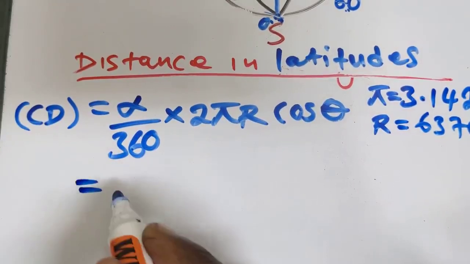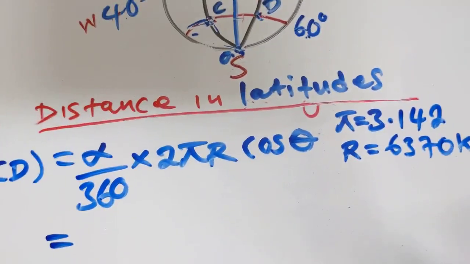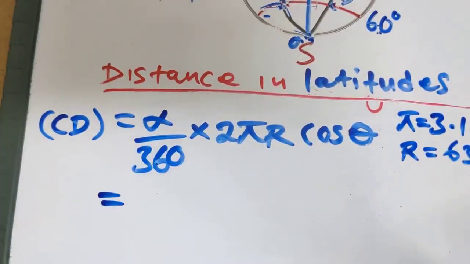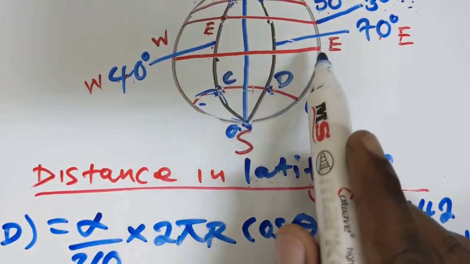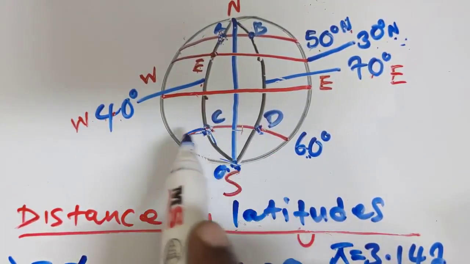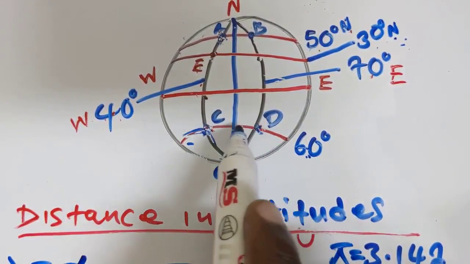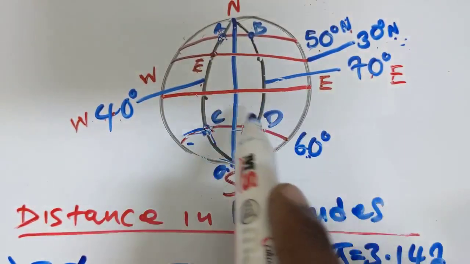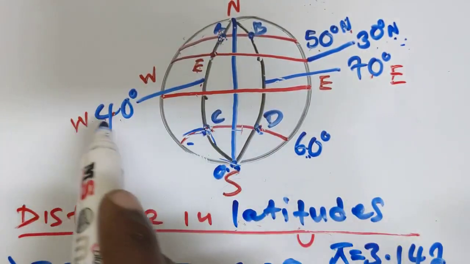So let's say we are finding the distance between C and D. First, we need to find the difference. We said that when you're finding the difference in latitudes, we use the longitudes. So this C is in longitude 40 west.